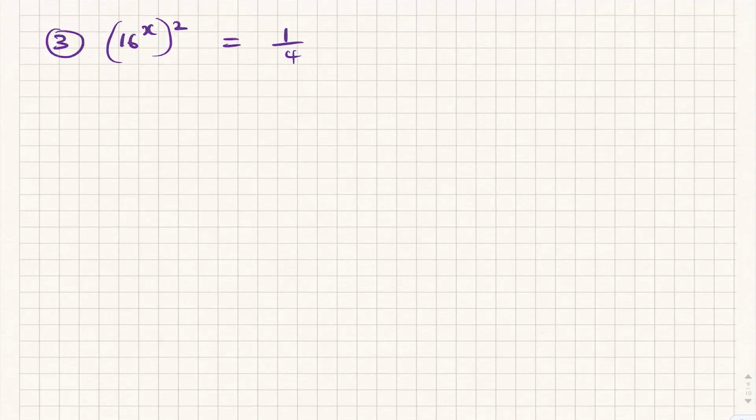So what we need to do again is to replace the fraction with indices. Remember 1 over a to the power of m equals a to the power of minus m. Here m is 1 and a is 4. So that will become 4 to the power of minus 1.